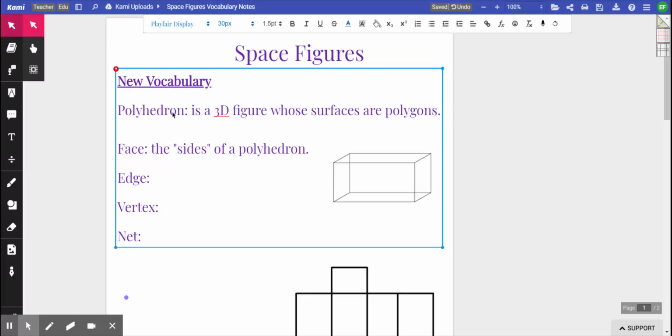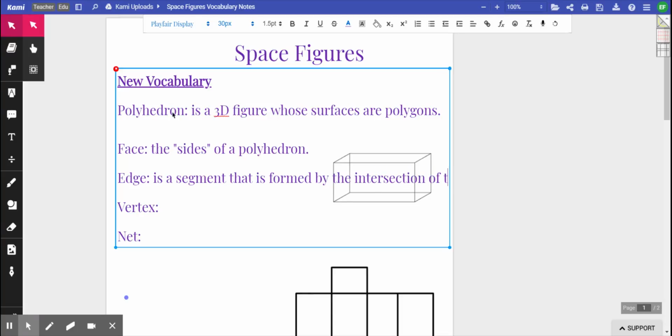So the edge. An edge is a segment that is formed by the intersection of 2 faces.